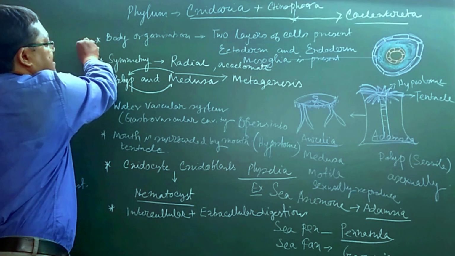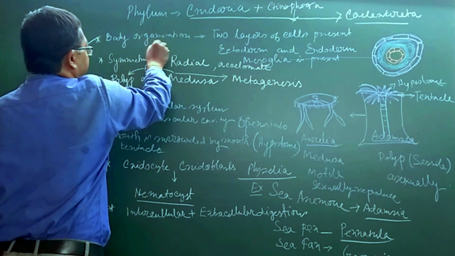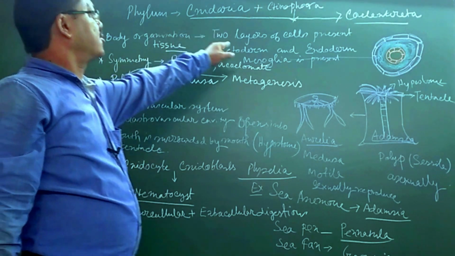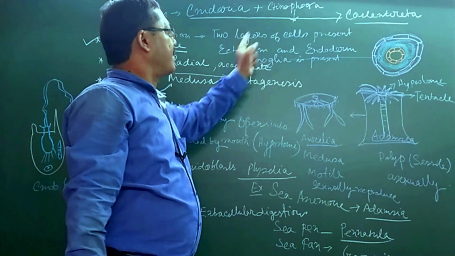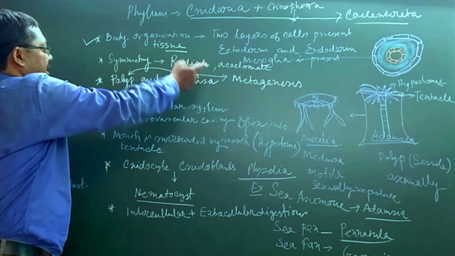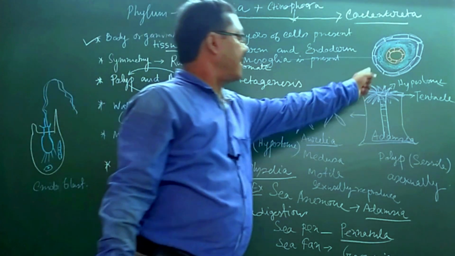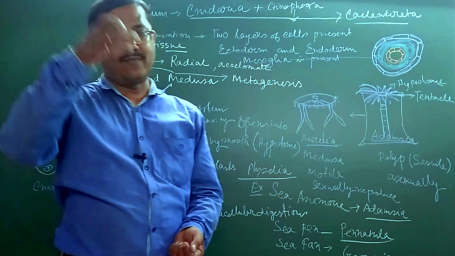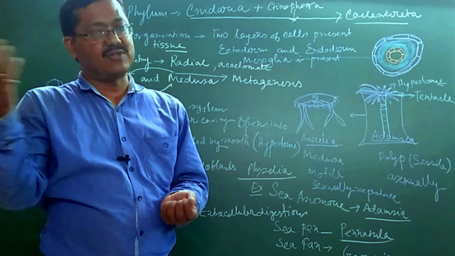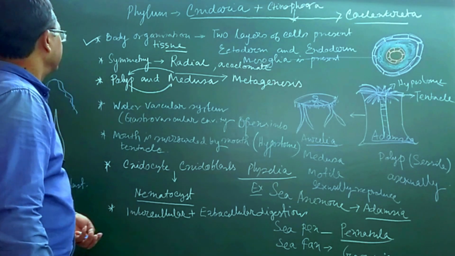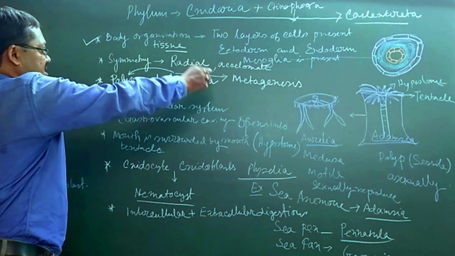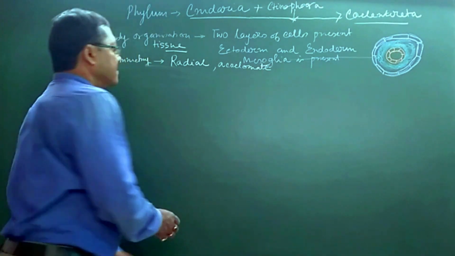Their body organization is very simple, tissue-level, just like Cnidaria. Their body also contains two layers of cells, the ectoderm and the endoderm, and in between, mesoglea is present. Their symmetry is also radial. When we dissect the body in different planes that pass through the axis, we get different body parts, and each part is similar to the others.